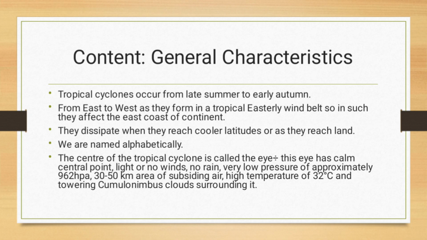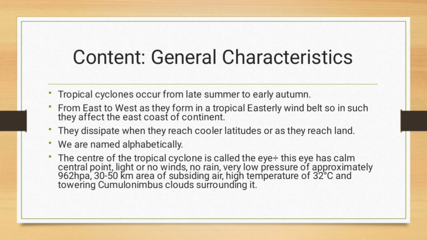At the eye, it has 30 to 50 kilometers of subsiding air. The temperature is about 32 degrees Celsius, and there are towering cumulonimbus clouds surrounding it. Those are the characteristics of tropical cyclone.